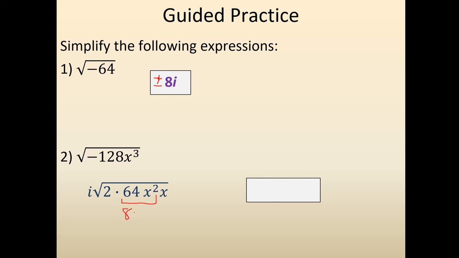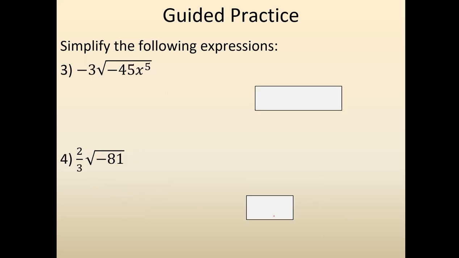That's 8x when we take the square root of it. So I end up getting 8ix, and then underneath the radical is still going to be a 2x. All right, so this is my imaginary number. Here's the next step. Pause the video, work it yourself, and we'll go over it in a second.